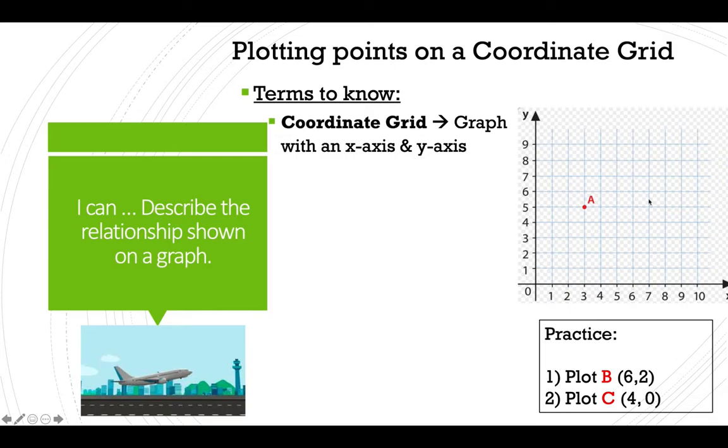So in grade 6, the only thing that we're going to be doing is working in a coordinate grid in this quadrant. Technically on a grid, we also could go into positives going this way on the x-axis, but then the y continues down this way.